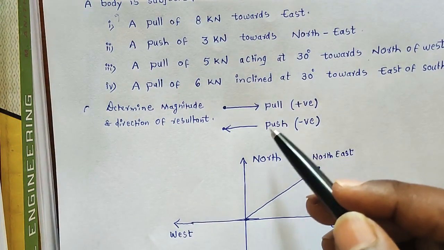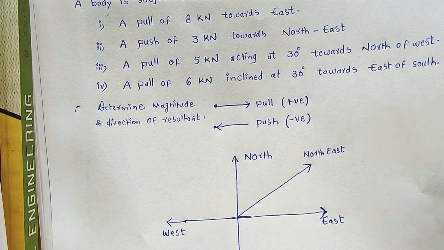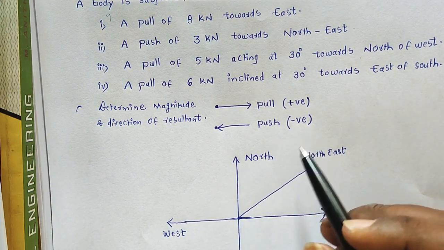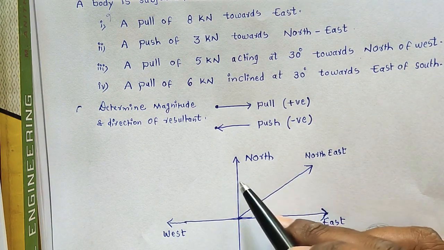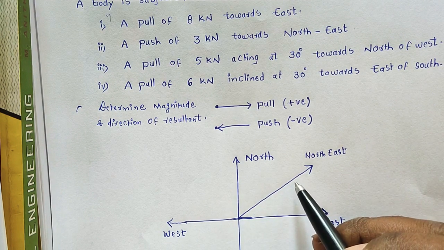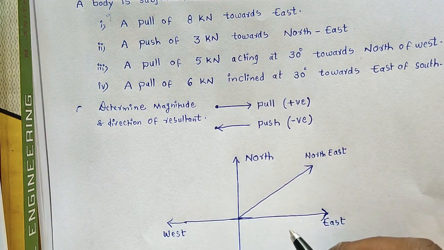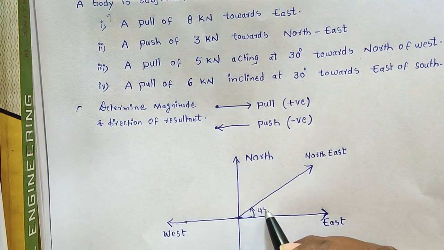How much angle it is making with the horizontal has not been given, but indirectly we can understand that the angle is 45 degrees, because northeast means it is exactly in the middle between north and east. So this angle is 45 degrees.